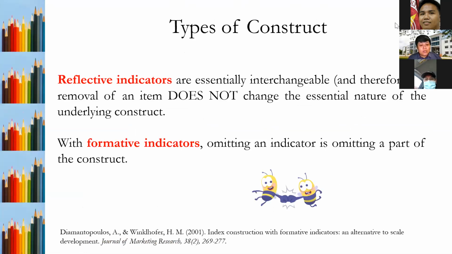Just to give you some additional definition, when we talk about reflective indicators, these are from a reflective construct. Reflective indicators are essentially interchangeable, and therefore, removal of an item does not change the essential nature of the underlying construct. What do we mean with this one?